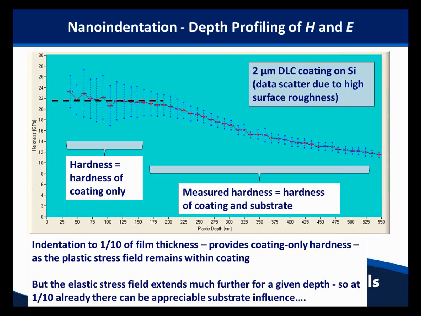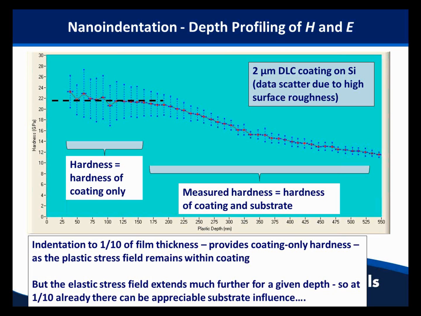There is a potential issue when you try to apply that to the elastic modulus in the same way, because the elastic stress field is a more far field effect. So for a given penetration depth, the elastic stress field is extending much further.